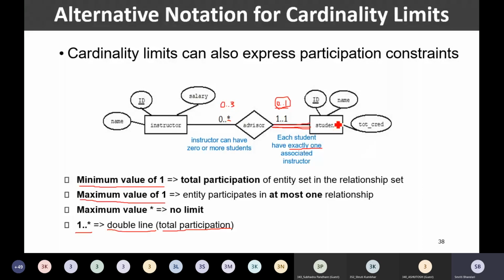So every entity from this entity set participates in this relationship set. That is what we mean by this minimum cardinality limit as 1. I hope you have understood these concepts. If you have any doubt, please let me know.